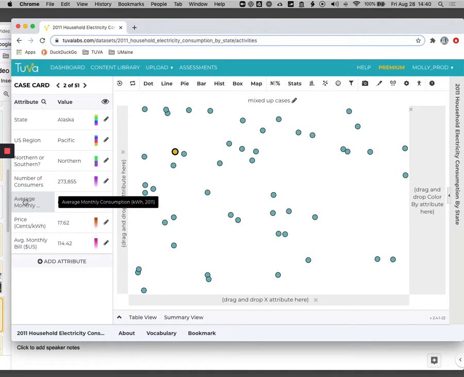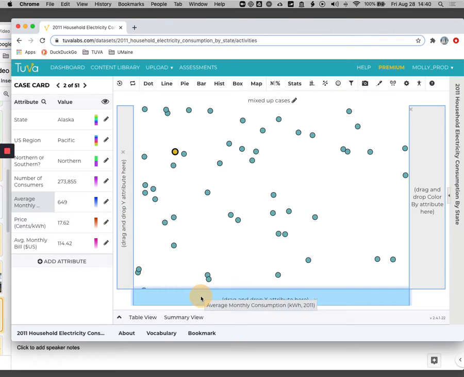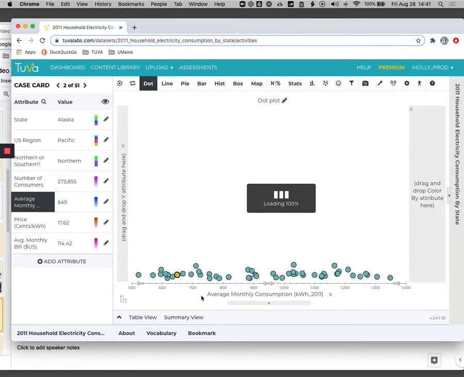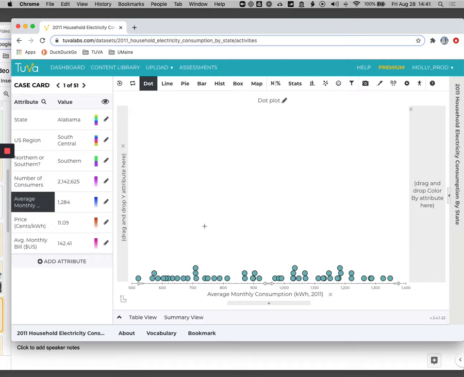So let's take a look at how much electricity households use on average in the United States, in different states. Right away, I can see that monthly electricity use is fairly evenly spread out. It's pretty much symmetrical.